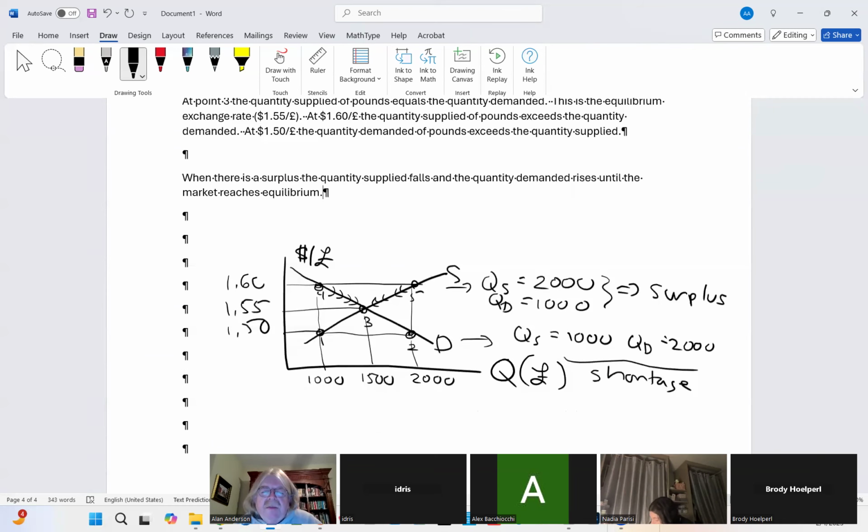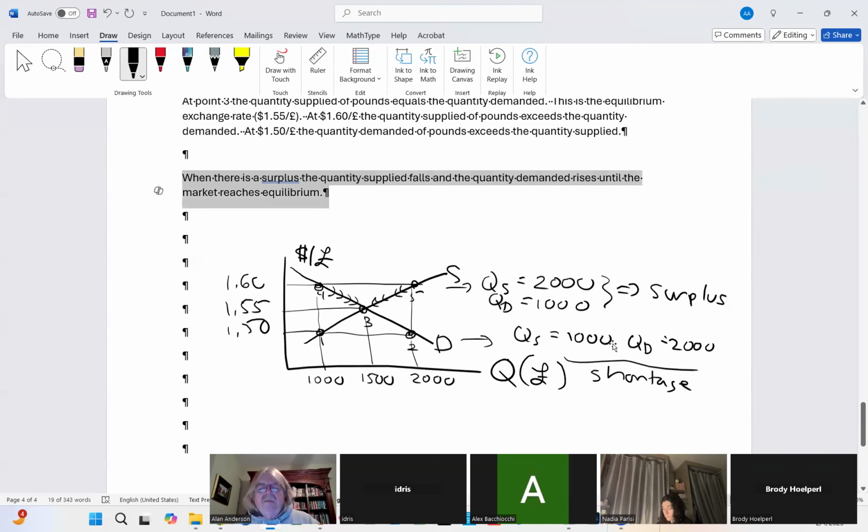They know that there's too many pounds floating around, and the investors are simply not willing to hold so many British pounds. So when the prices start to adjust, the British will supply fewer pounds, but the Americans will buy more pounds, and at some point the two will meet up at point 3.